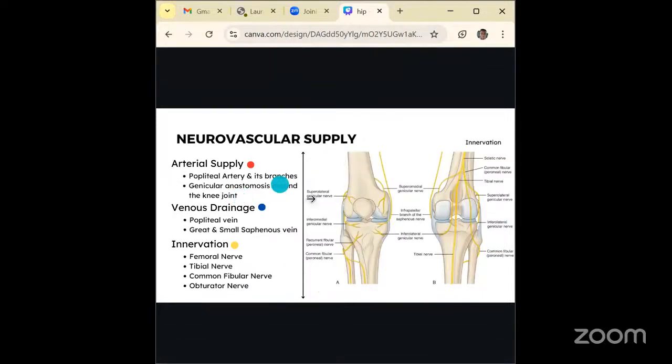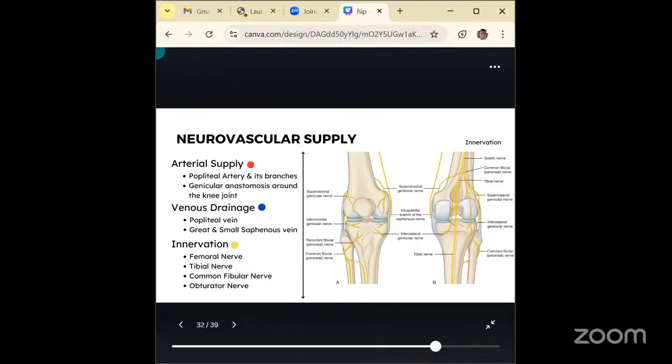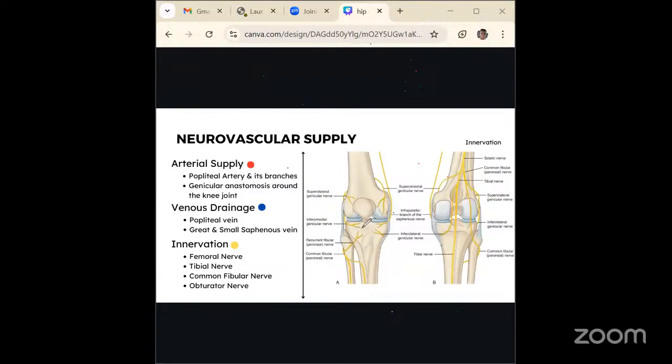So the innervation, I also showed you the anterior and the posterior. So we can see the femoral nerve. As I'm talking about it, I'm marking them so that you can see it. Let me start from the ones that we can see here first.